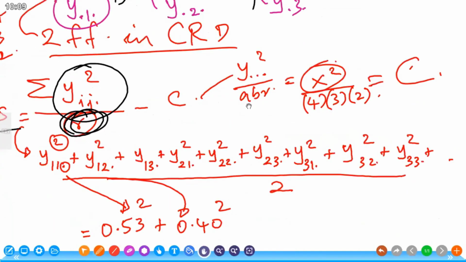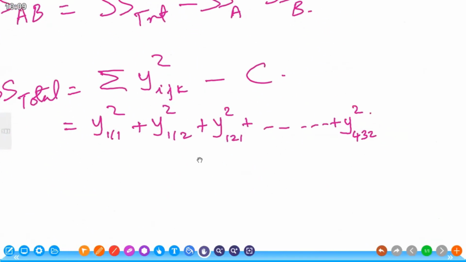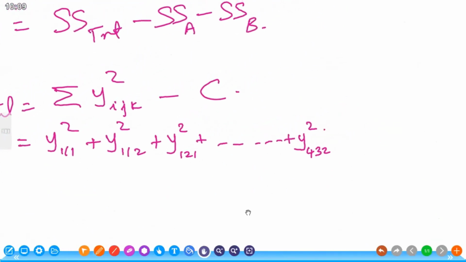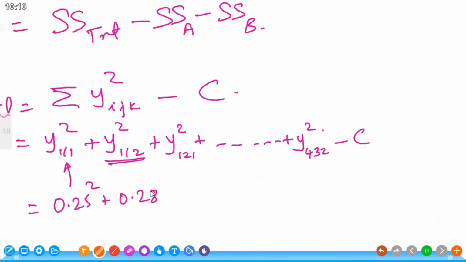You can calculate, get all the values and square them, minus the correction factor. In the example, the first value is 0.25 square, plus the second value is 0.28 square, plus so on up to the last point, minus correction factor.